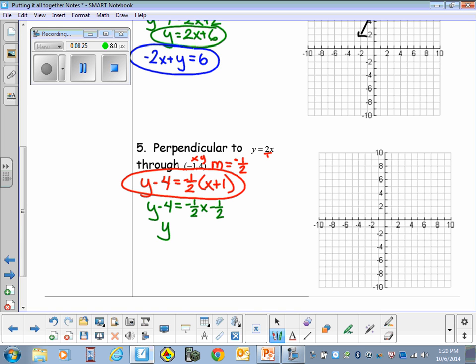And I need to add the 4. And let's see, 4 is 8/2, so 7/2. Slope-intercept form. 7/2 is 3.5. And I'm going to go down 1 to the right 2, down 1 to the right 2, and draw my line.